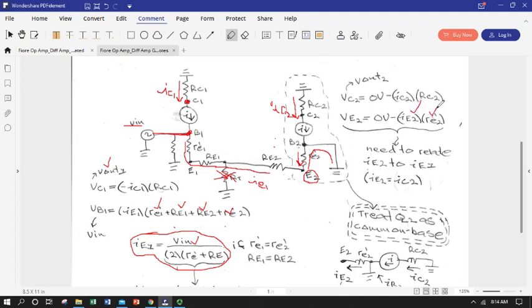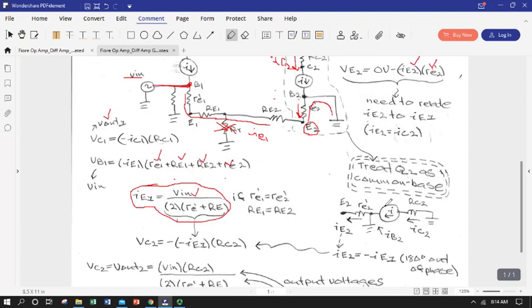So we've neglected the effect of the current from the first transistor for this expression because we're going to use superposition. So over on this side we're only looking at the effect of the current flow from transistor 2. Okay, so this is the same expression in the dotted area, just reminding us of the relationship between IC2 and IE2, drawn here as a common base.